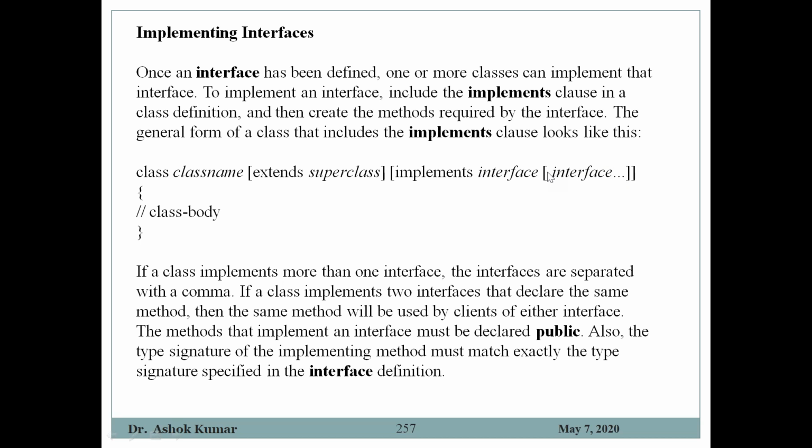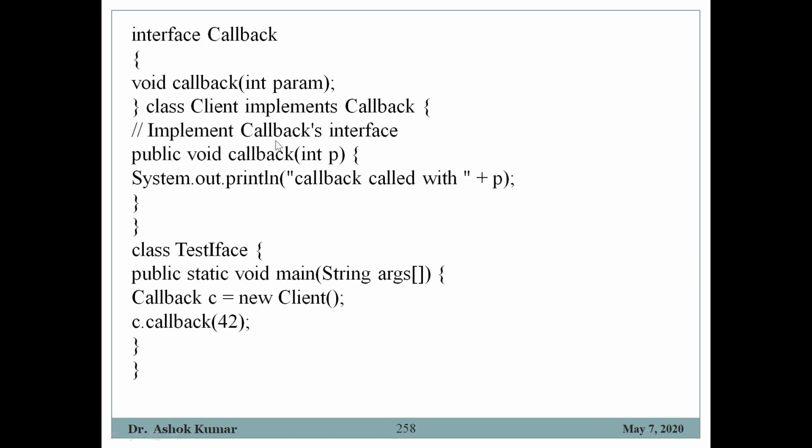So here is the first example based on the interface. In this case we have created one interface with the keyword interface, and the name of the interface is Callback. In this interface we have one method, that is callback. Its return type is void and it has one parameter of type integer.